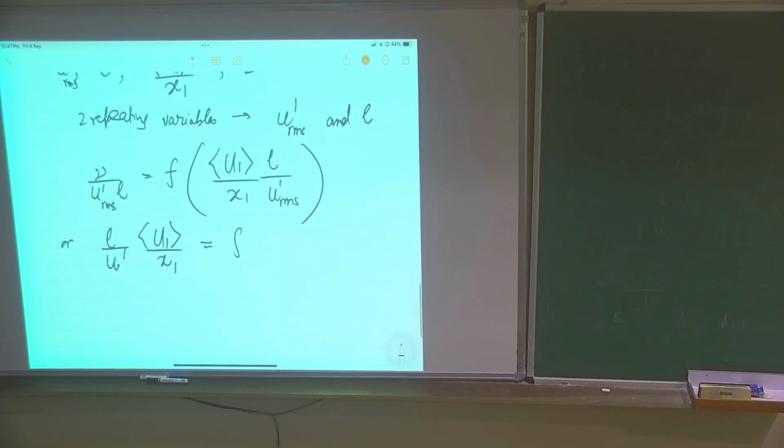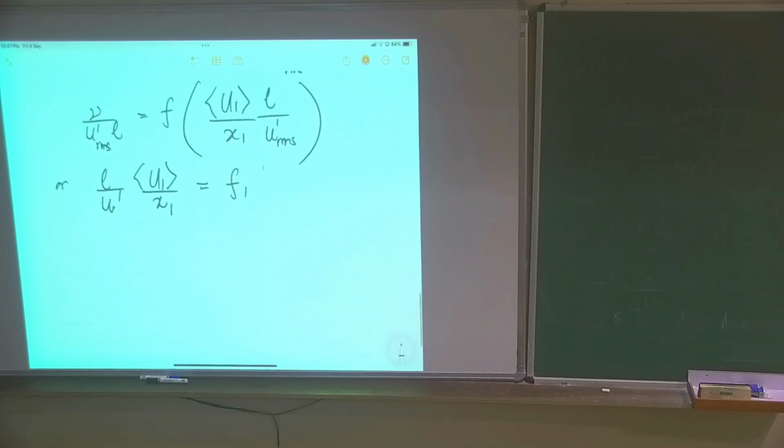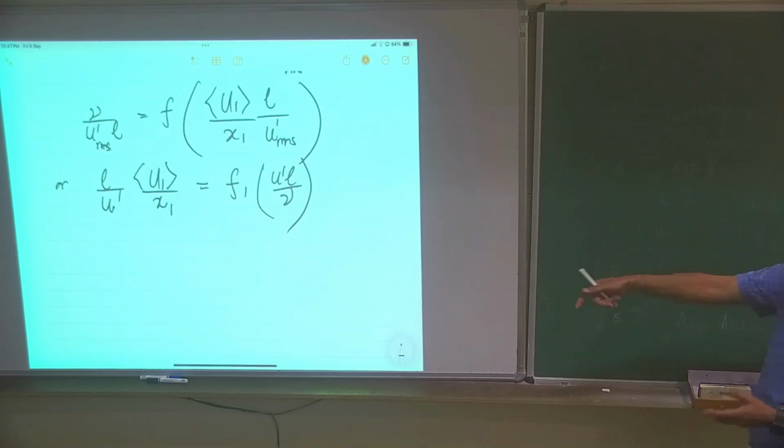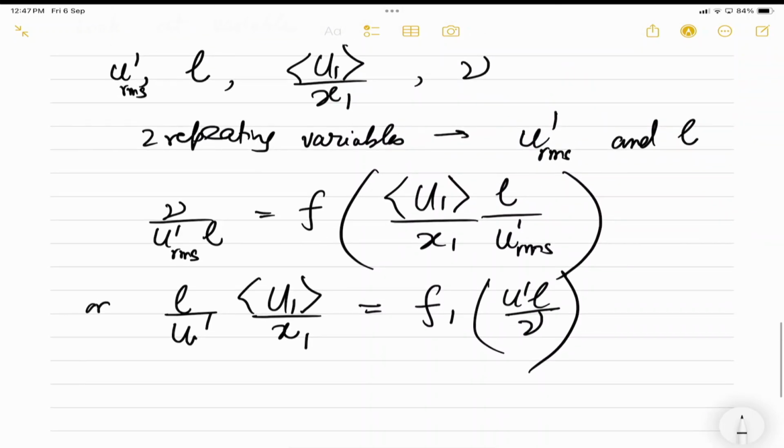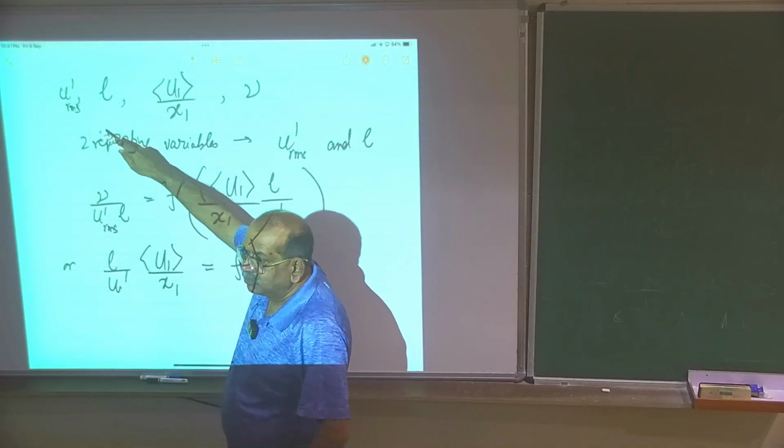This is equal to some function f1 of, and I'm more comfortable in Reynolds number, so I invert these, I write it in this way. मतलब see, इसको हम start ऐसे करते हैं. If this was my problem initially, there are 4 variables. The problem. So now any one of them, if I have to express u prime RMS.